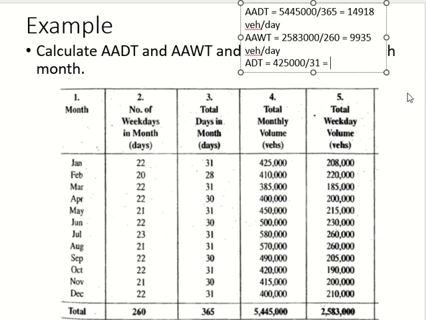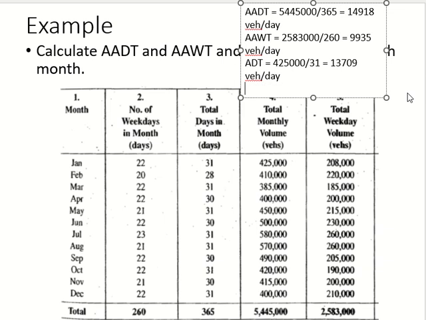So it will be this. How much? 13709. And what will be the difference for AWT? If I want AWT, then it is the average for the weekdays.